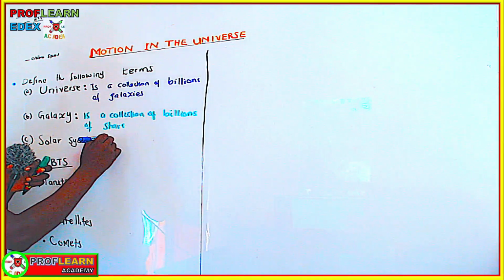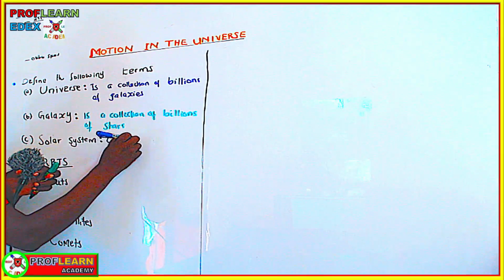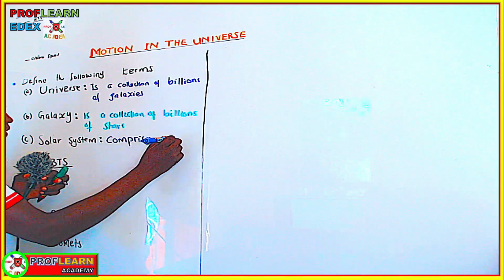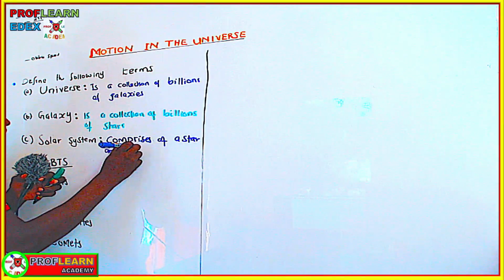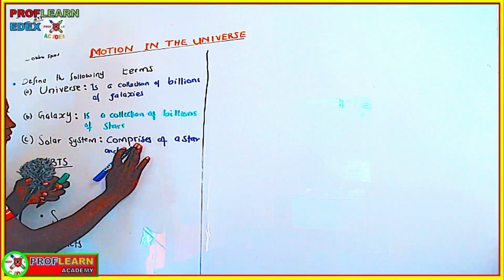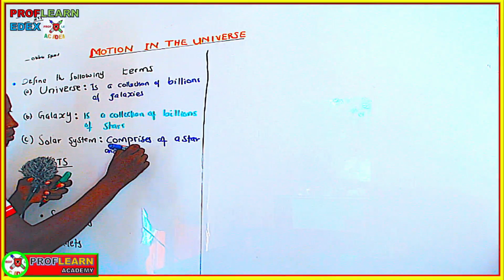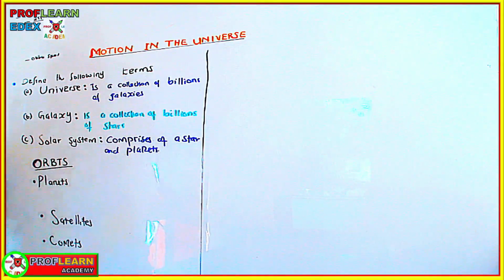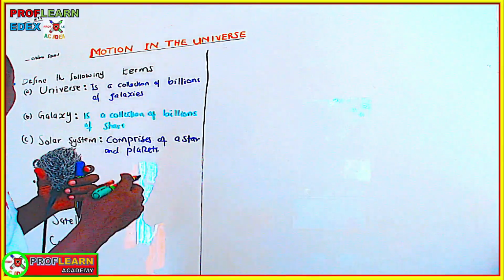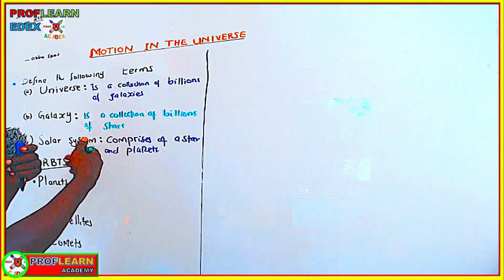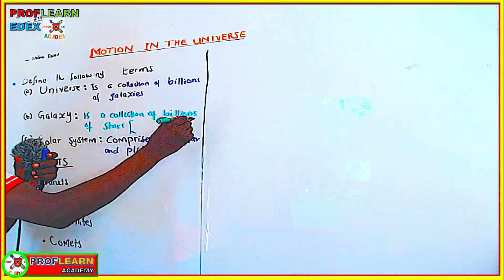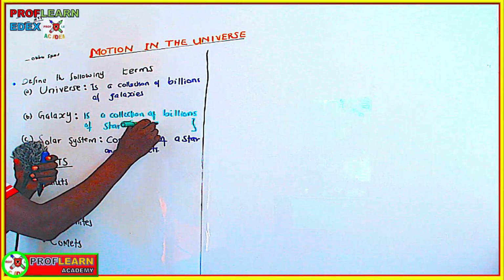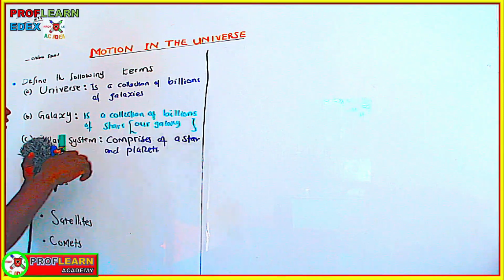Now, once you've understood that, you may be asked to check if you understand the term solar system. And remember now, a solar system comprises a star and planets. Now, because we have said that a galaxy comprises billions of stars, the galaxy that we are in, our galaxy, is called what?